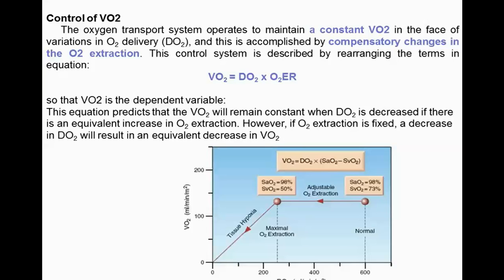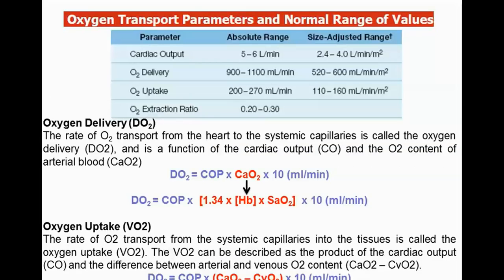So oxygen delivery of 1,000 equals about 600 adjusted for body surface area, and oxygen uptake of 250 equals about 160 adjusted for body area.